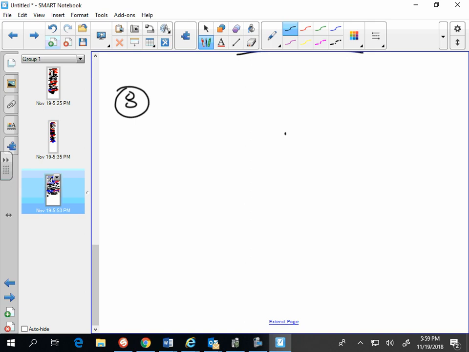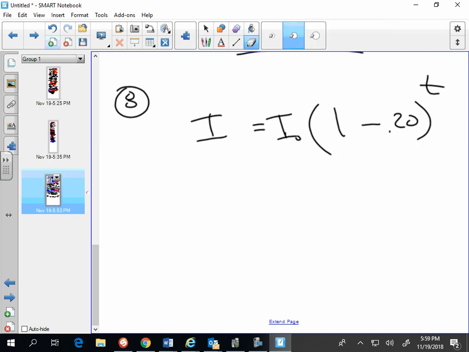Write a model that models intensity, initial intensity times 1 minus 0.20 to the x. Sorry, this is a function of x. X is the thickness of the pane. I sub O is the original intensity. And so we can plug those values in.